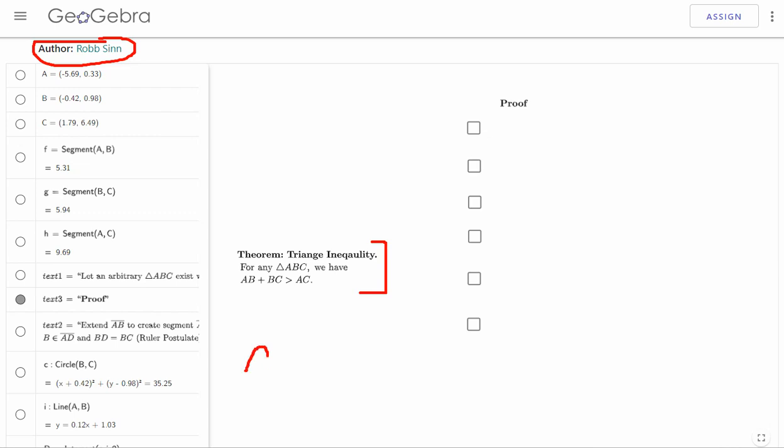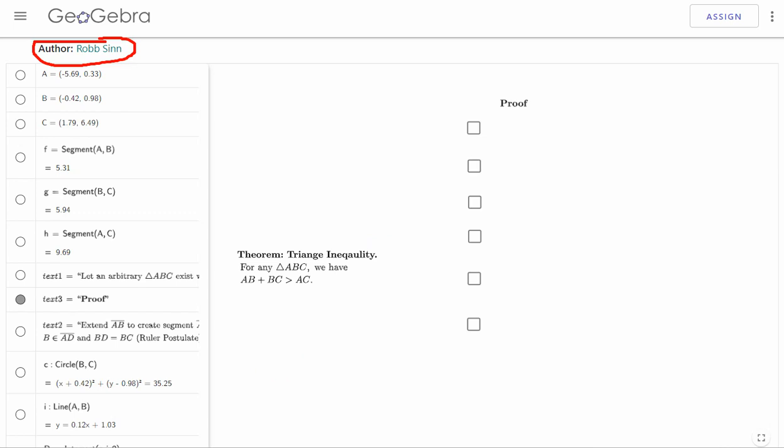When I use this notation, AB, in geometry, that means the distance between points A and B. And of course, in Euclidean geometry, that's a straight line, right? We write line segment AB, but the length of line segment AB is just AB. So we're saying that the distance from A to B plus the distance from B to C is greater than the distance from A to C.